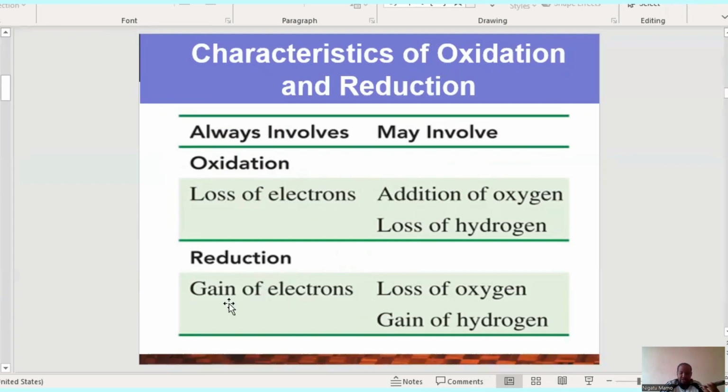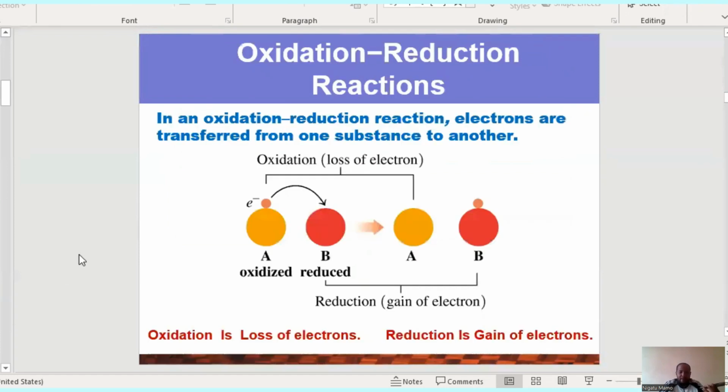A reduction reaction may involve loss of oxygen and gain of what? Hydrogen. In an oxidation-reduction reaction, electrons are transferred from one substance to another. This one is substance A, this one is substance B. Substance A loses an electron, donates an electron to substance B, which is the acceptor.